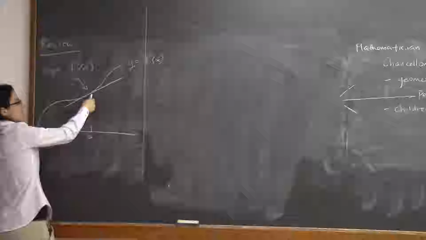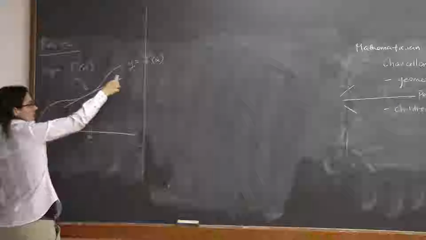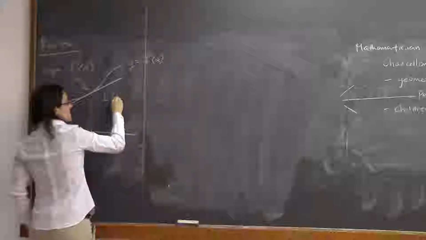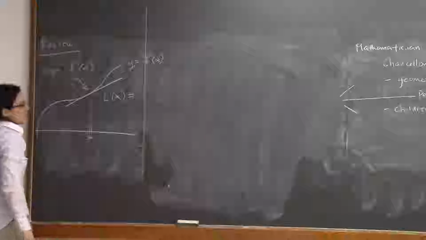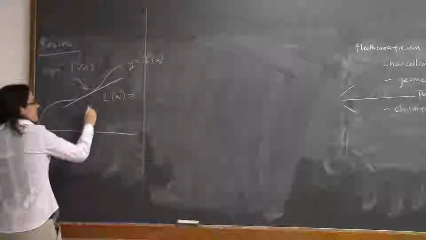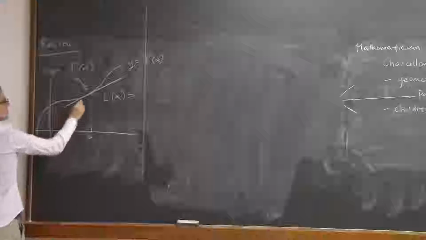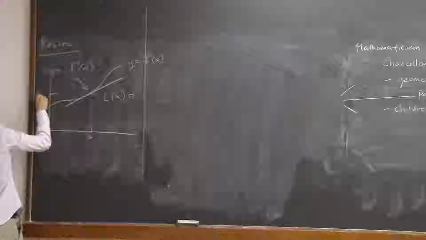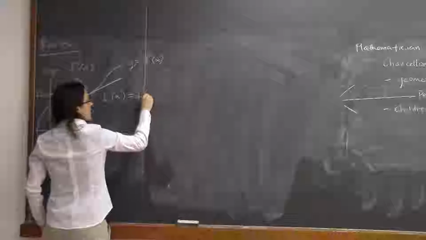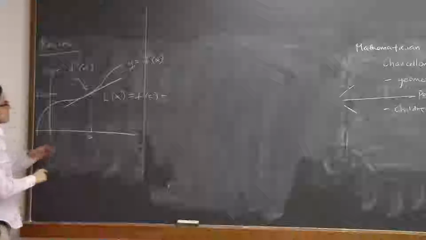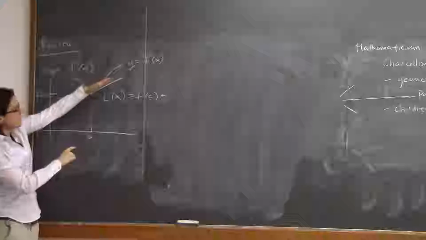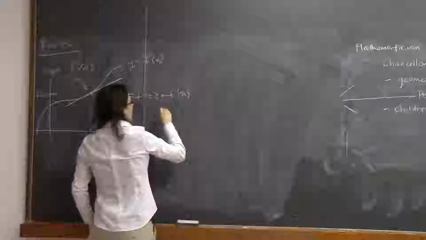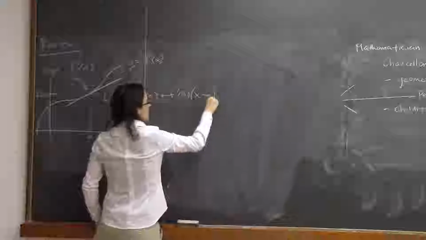And one thing you might want to do is write an equation for this tangent line. And the equation for the tangent line, which maybe I'll call L of x because it's a linear thing, L for linear, is just the value of the function. So whatever this value is, this is f of a. So it's the value of the function f of a plus the slope of this line times how far you are away from a. So f prime evaluated at a times x minus a.